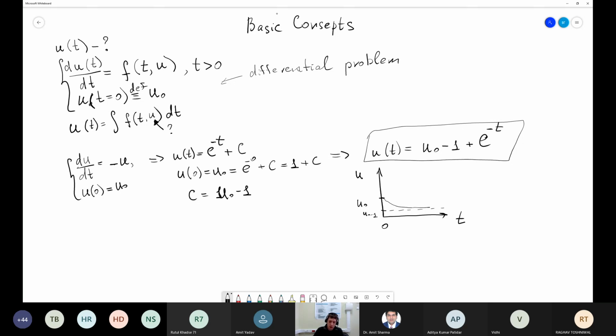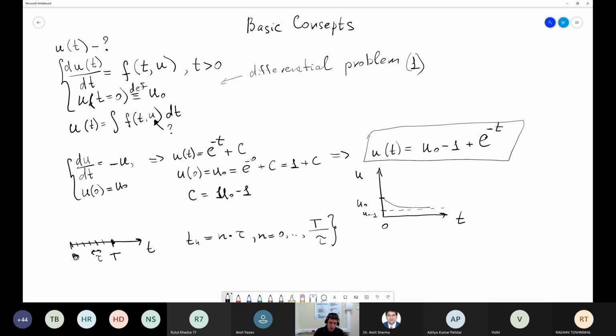But what can we do if we don't know how to solve the differential problem analytically? We can say that we have some domain from 0 till t capital, and we will introduce some grid tn equals n multiplied by tau, where tau is the distance between the neighboring nodes, and n equals 0 to obtain the left border of the domain, till t capital divided by tau to obtain this border.